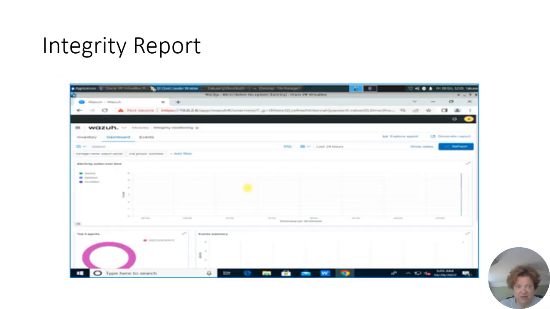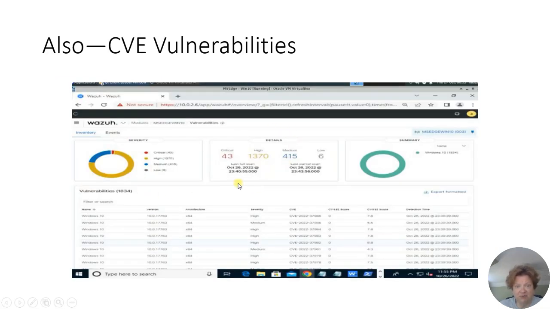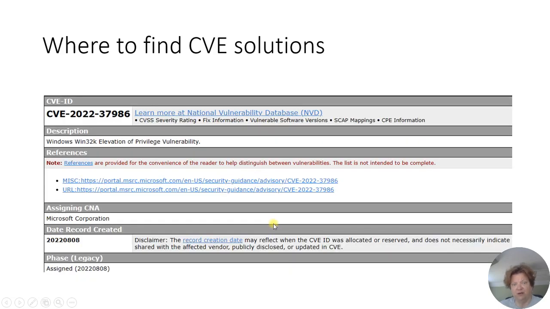The other thing is looking at CVE vulnerabilities and being able to get vulnerabilities from your system, and then reference these CVEs on the MITRE site so that you can look at your endpoints and figure out what you need to do about it.